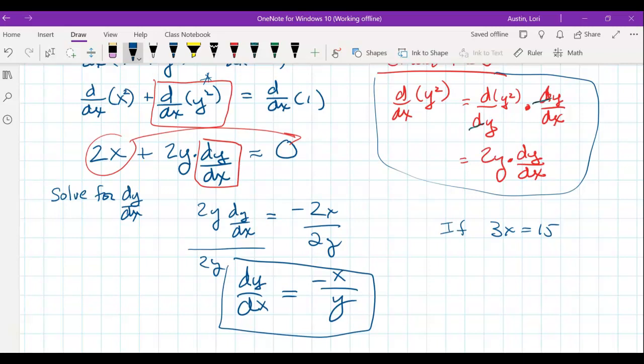So the concept behind it is you're using the chain rule. Procedural wise, anytime you're taking the derivative of a y, just do it as if it were an x, but add a dy dx. And if you don't like writing dy dx, what's another way of doing derivative of y, a shortcut method of writing it?